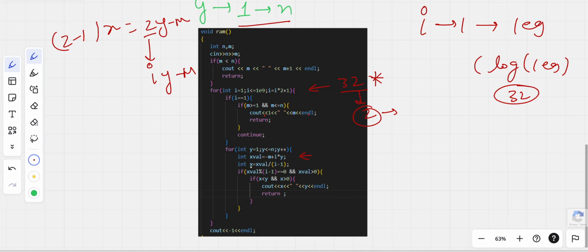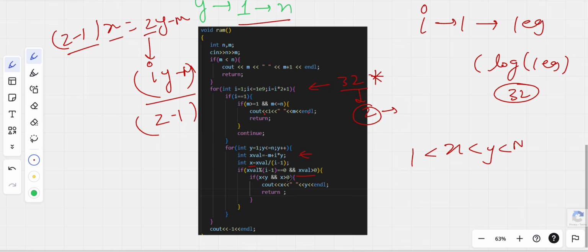And the x value will then become, if you move z minus 1 to the right side, i times y minus m divided by z minus 1. So we will check that it is divisible by i minus 1, and the x value must be greater than 0, because here y is greater than x and also x is greater than 0.